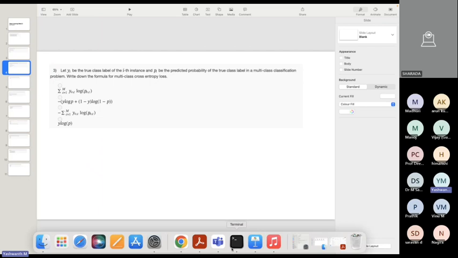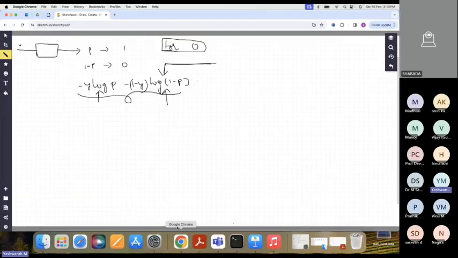So let me explain that more clearly. So here you have to predict either 1 or 0, right? Now in this problem, there is an input x and there is some model. Now you have to predict one of C classes, 1, 2, 3, and so on, C. There is no more predicting a binary class, right?